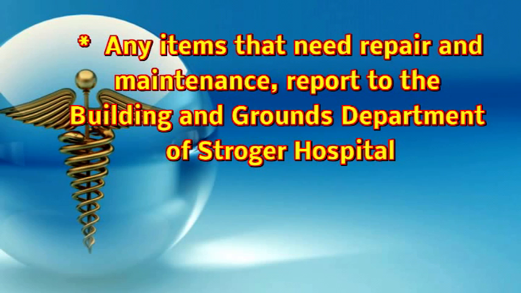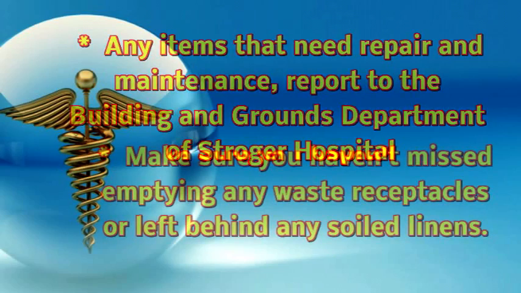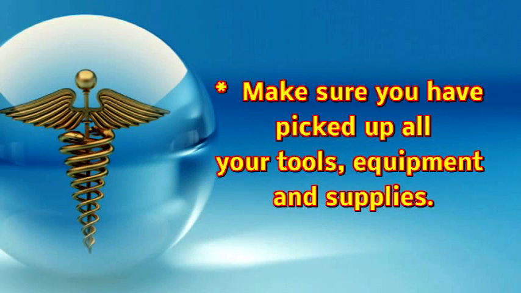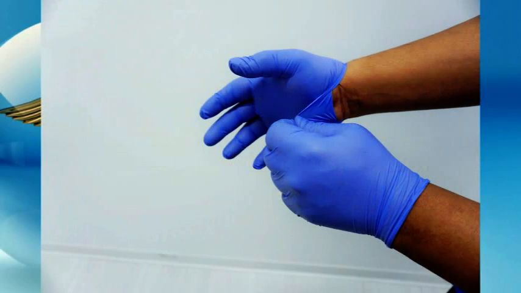Look around to make sure you haven't missed emptying any waste receptacles or left behind any soiled linens. Look also to make sure you have picked up all of your tools, equipment, and supplies, and that you are not leaving anything behind. Upon exiting the OR, remove and properly dispose of your PPE, including your protective gloves.